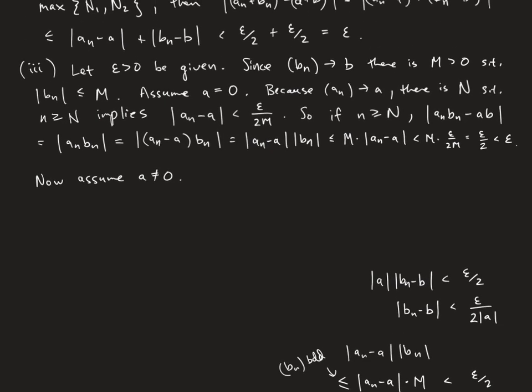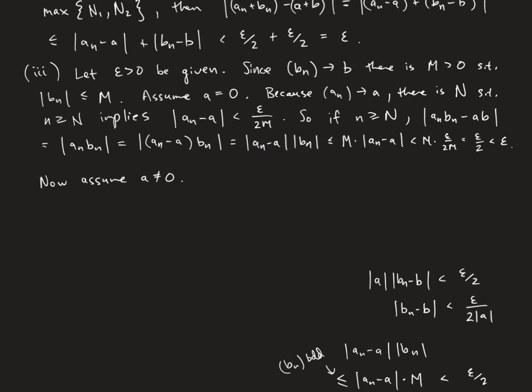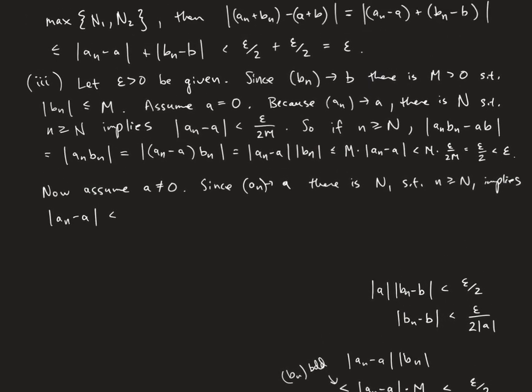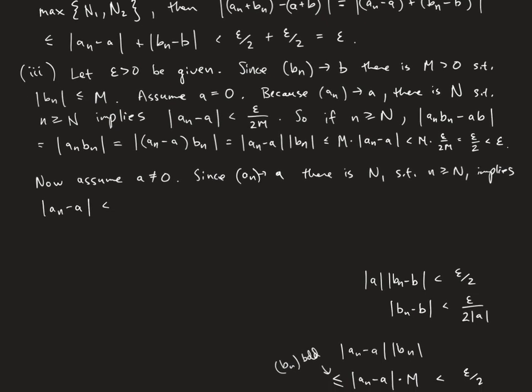Okay, so now assume that a is not equal to 0. Since a_n approaches a, there is N1 such that little n bigger than or equal to N1 implies that the distance between the a_n's and a is less than, again, epsilon over 2M.